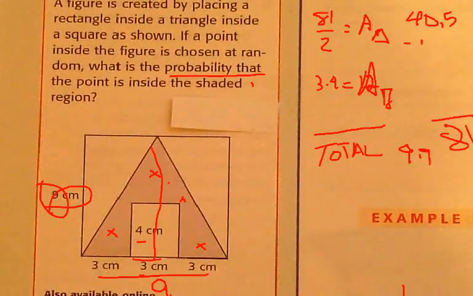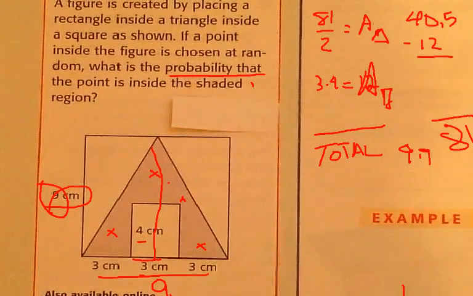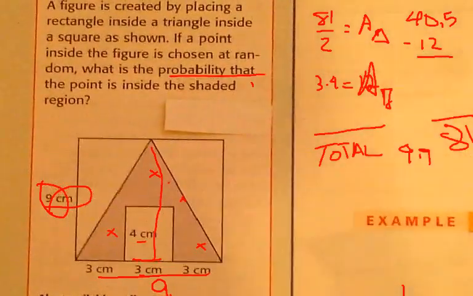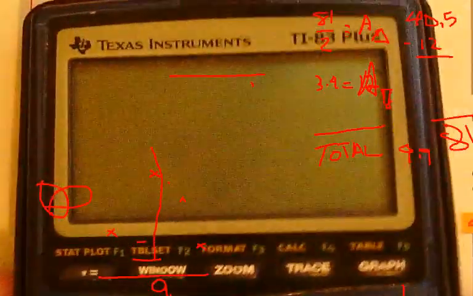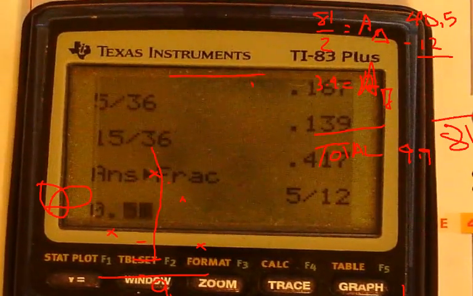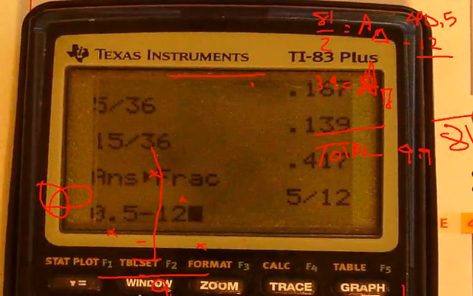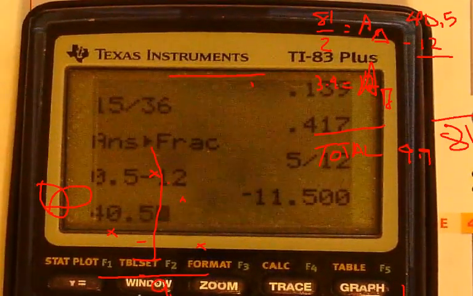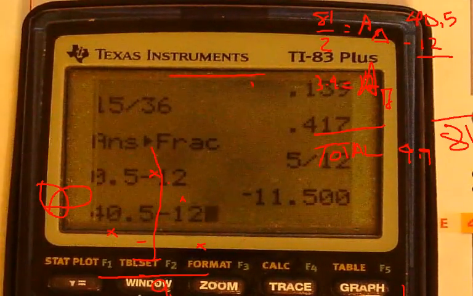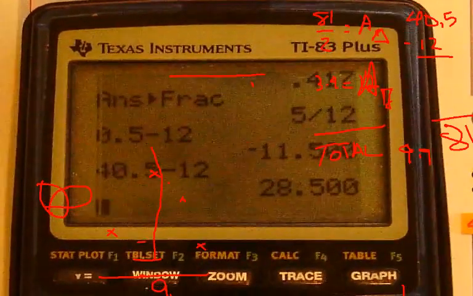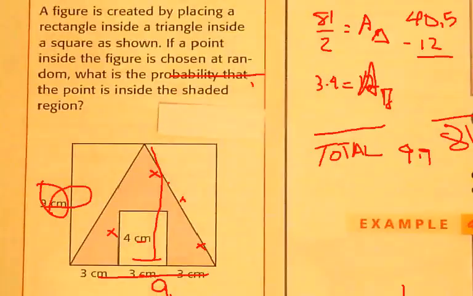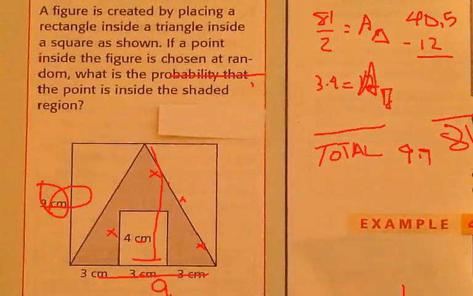So what I have to do is subtract 12 from 40.5. Whoops, I said 4.5. That doesn't work. 40.5 minus 12. There we go. 28.5 is what the area is that we're trying to find, right?